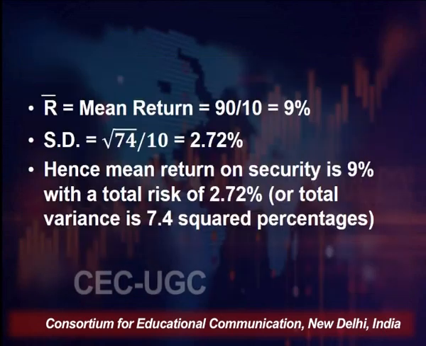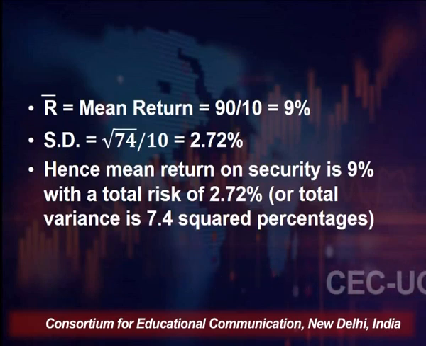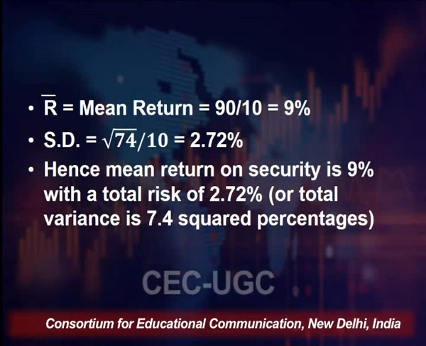So the standard deviation is the square root of 74 divided by 10, that comes to be 2.72. Hence the return on the security is 9% with a total risk of 2.72%.